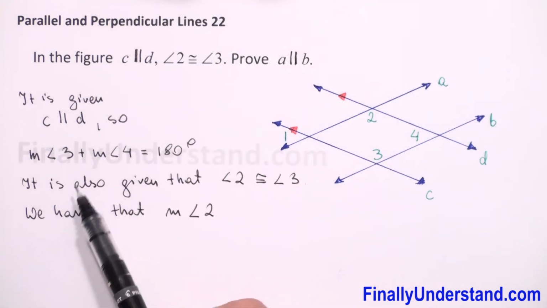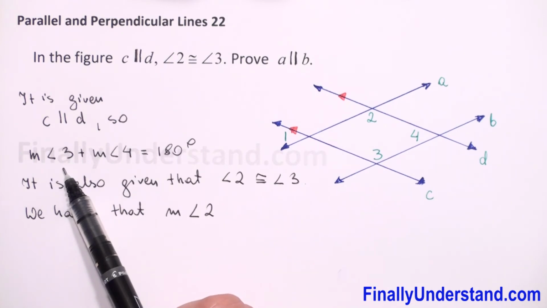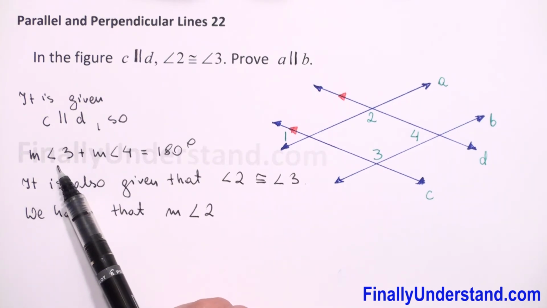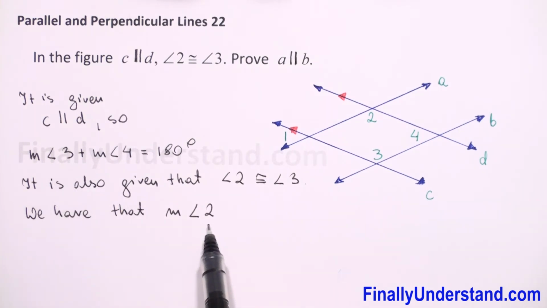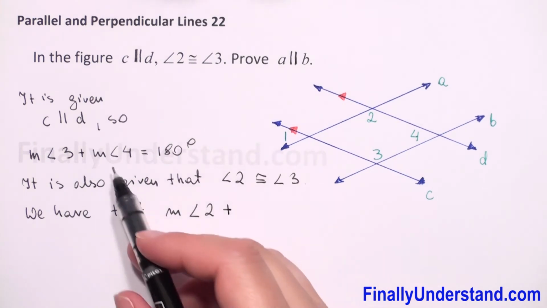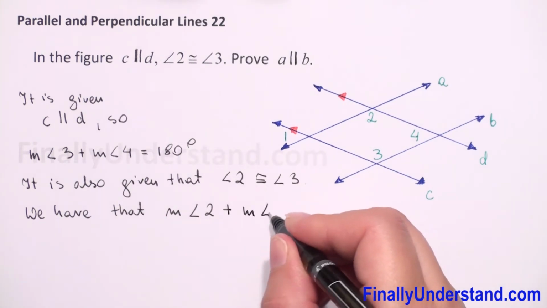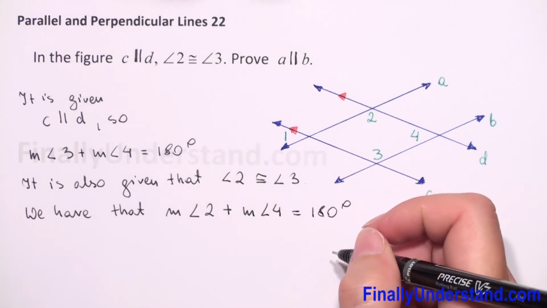So I can substitute into our equation that the measure of angle 2 is equal to the measure of angle 3. So I just substitute the measure of angle 3 by the measure of angle 2 because they are equal. And we have plus the measure of angle 4 is 180 degrees.